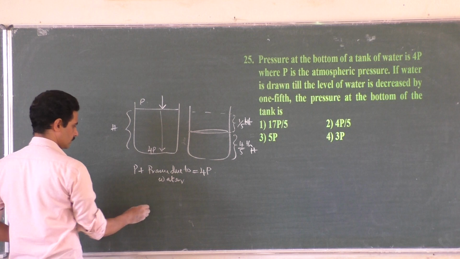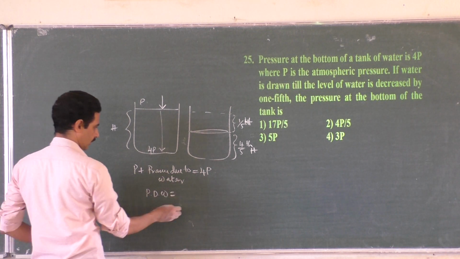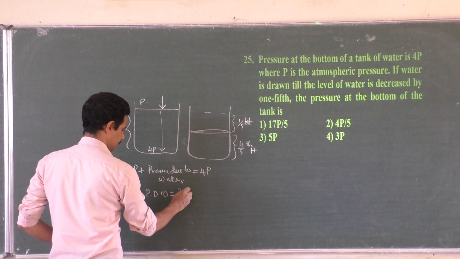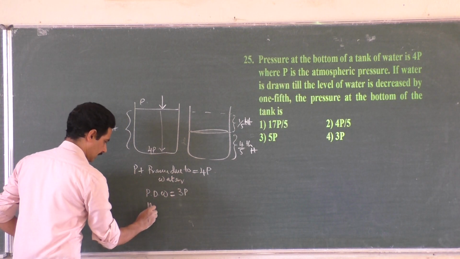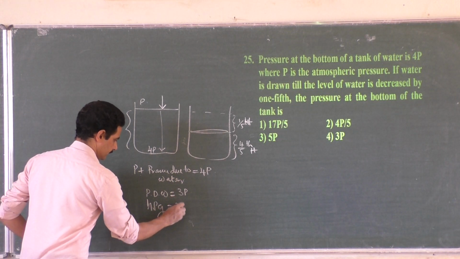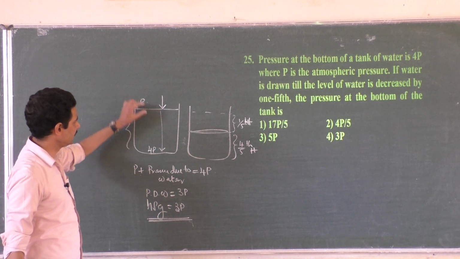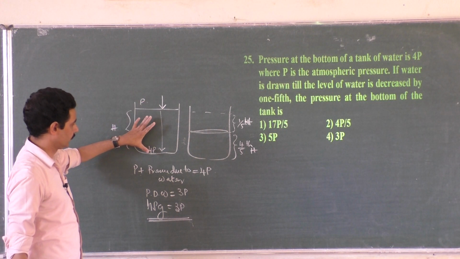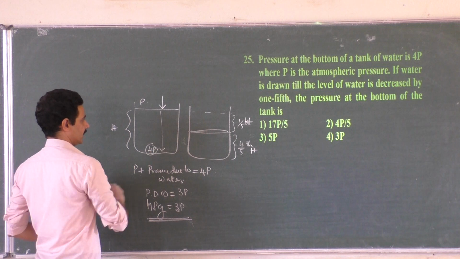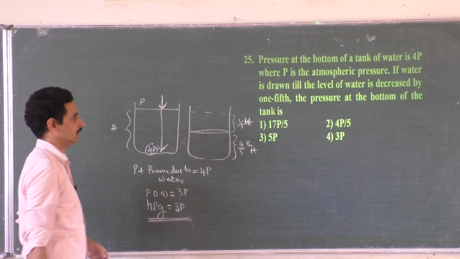So, what is pressure due to water? I'll write it in short: 4P minus P, 3P. What is pressure due to water? H rho g. That is 3P. Out of 4P, this is P. They say 4P is the total pressure, because of the pressure of water as well as atmospheric pressure.